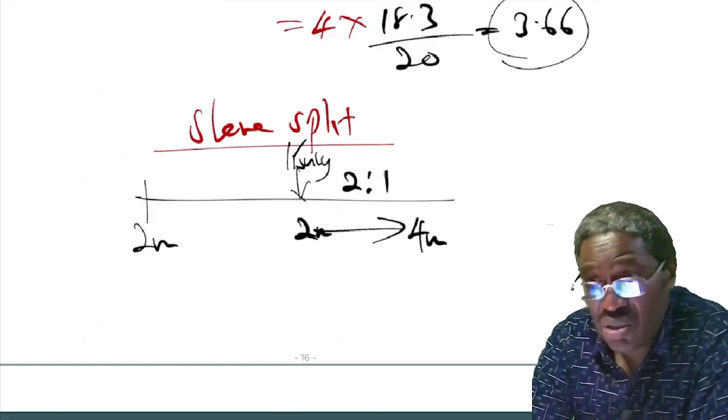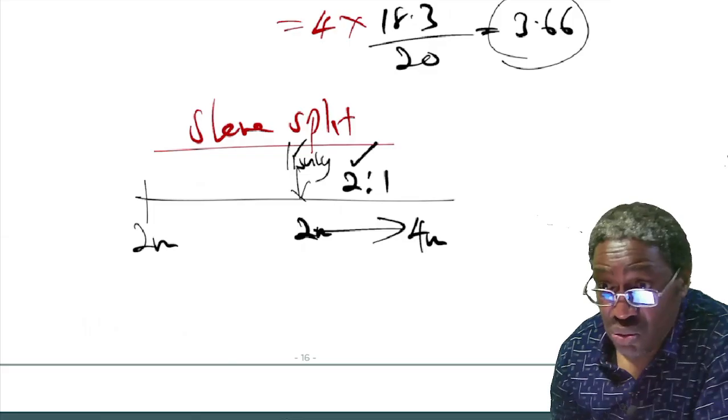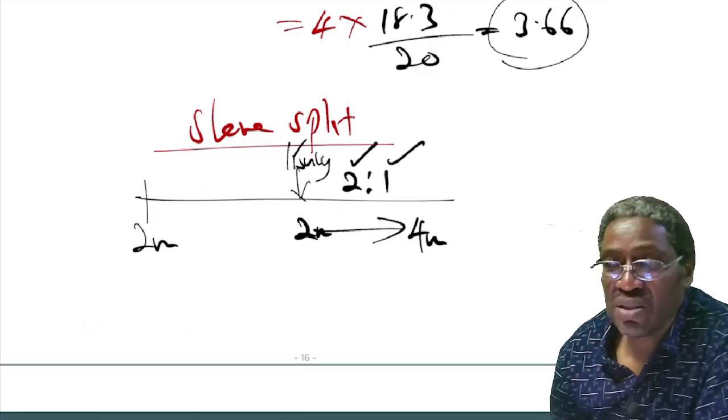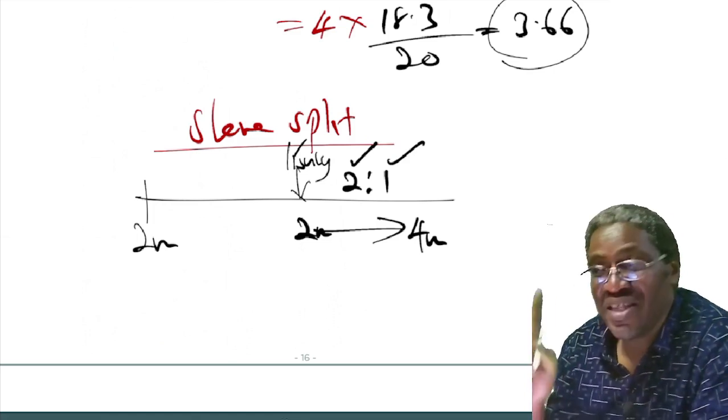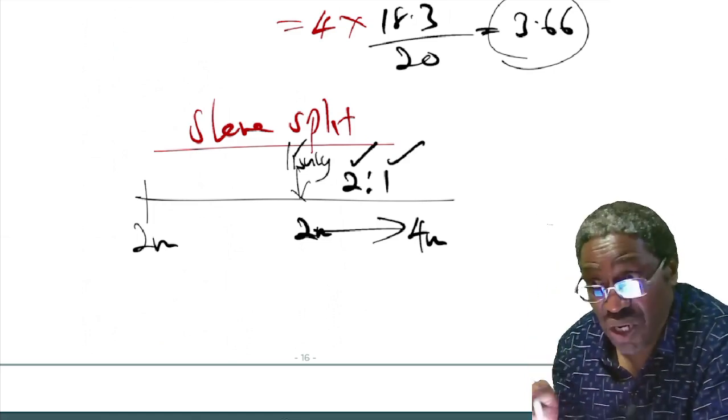Listen to the ratio. We are saying we issued 2 for every 1. Our company did a share split in the ratio of 2 for every 1.